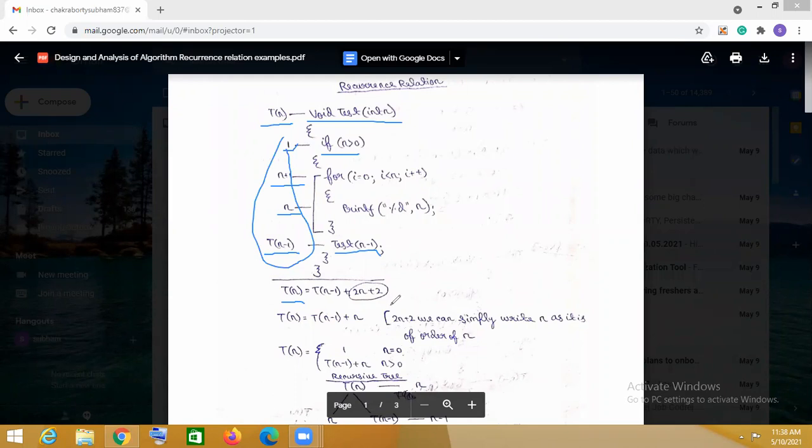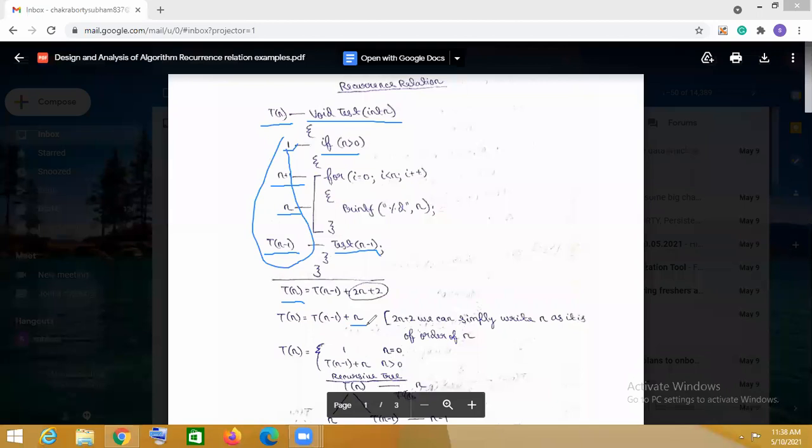Same here, 2n plus 2 can simply be written as order of n, because n has the highest value.